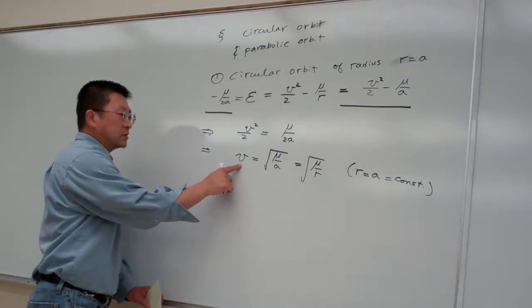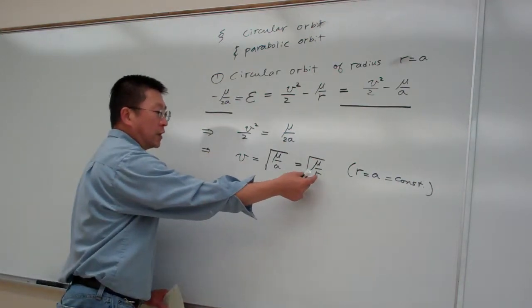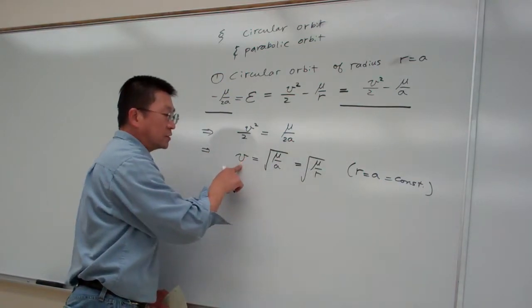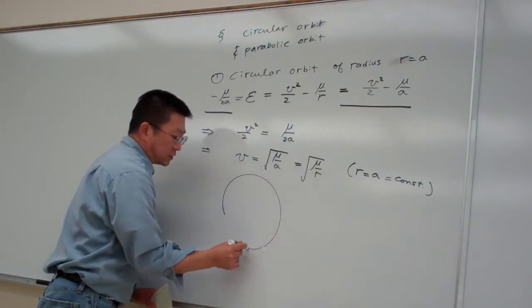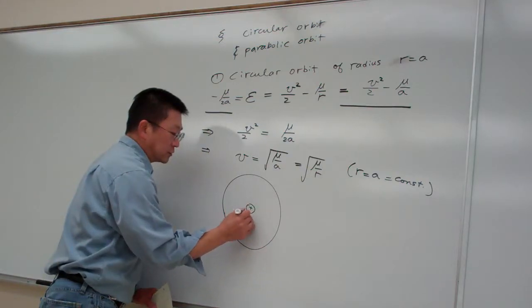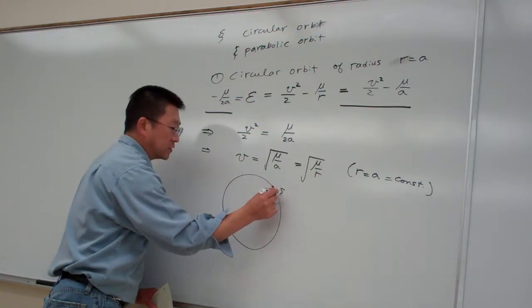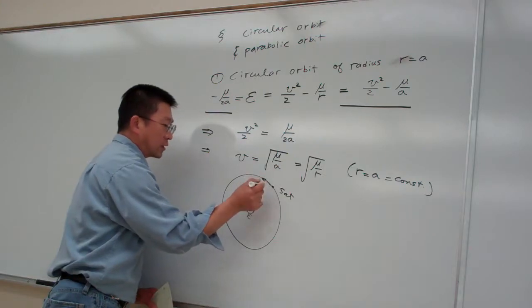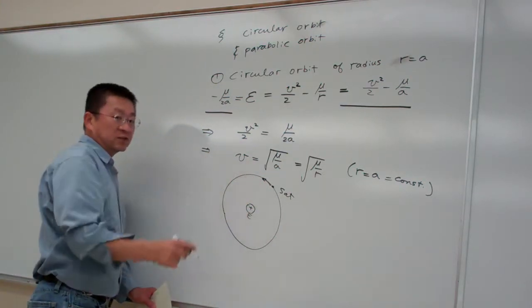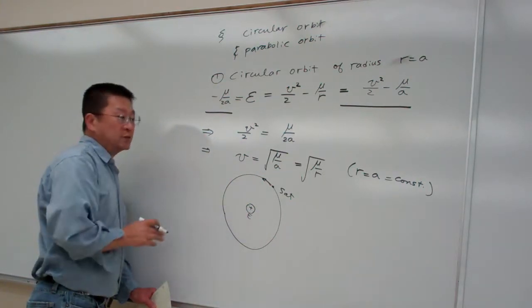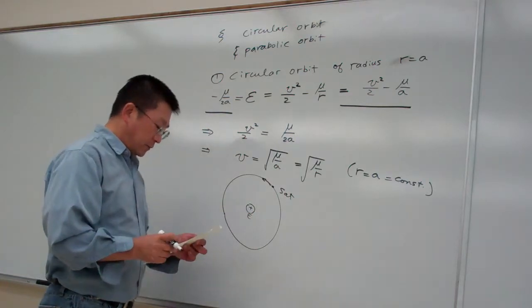So v is constant. This is saying that as long as the r is constant, basically v is constant. So now, this is a circular orbit. This is the Earth. Okay. So the satellite moving on the circular orbit has a constant speed at any moment. Okay. So that's the one here.